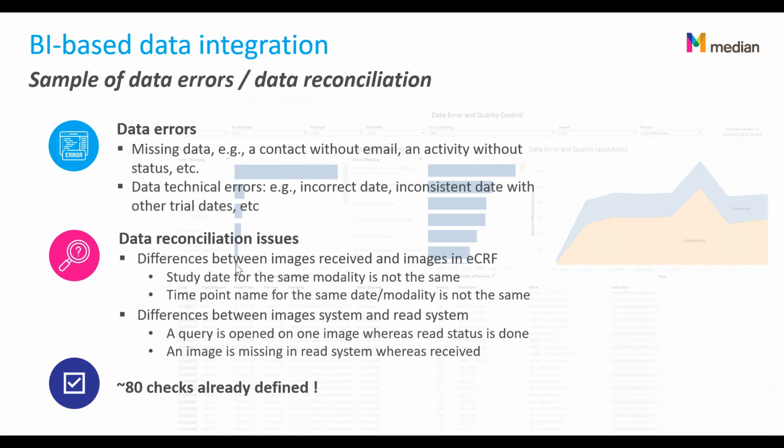For example, differences between images received and images in eCRF, differences between images system and read system, etc. And in the end, we already have more than 80 checks available and used in production. And you have in the background of this slide a snapshot of a sample report that is used by internal teams.